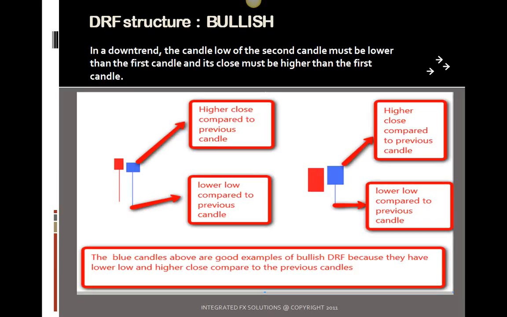Now the second indecision candle has a lower low, that is, its low is lower than the previous low, and its close is above the previous close, making it a bullish DRF. And the same thing is seen in the second example: a higher close and a lower low. The blue candles above are good examples of bullish DRF because they have a lower low and higher close compared to the previous candles.